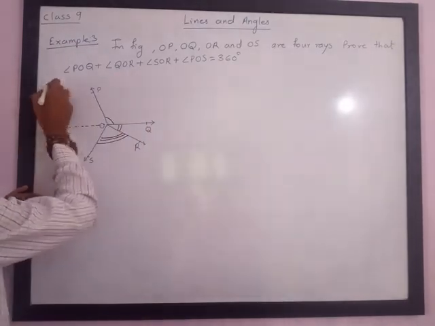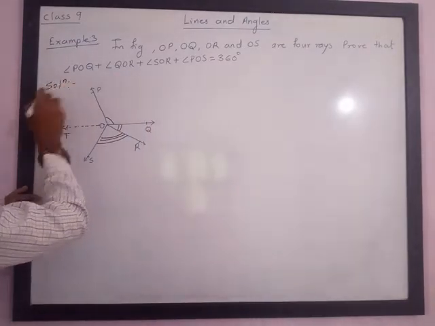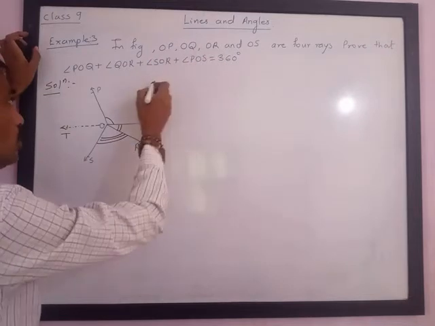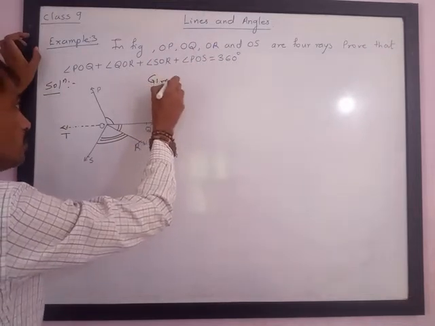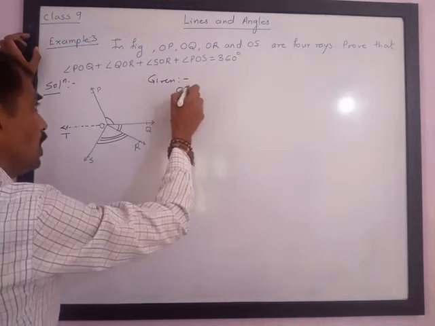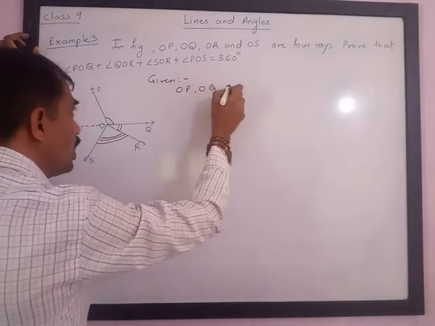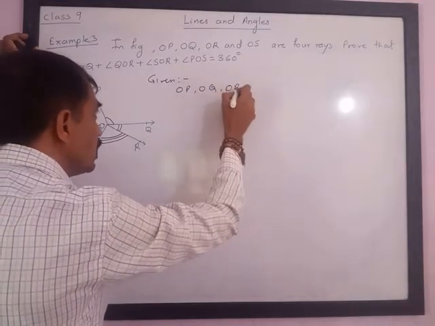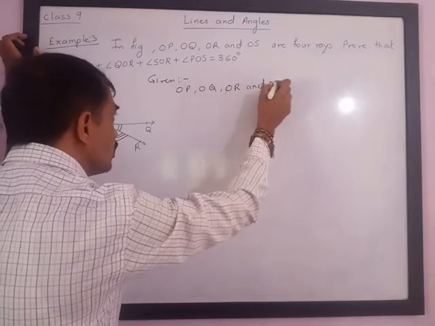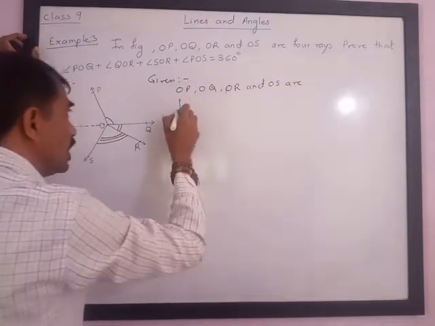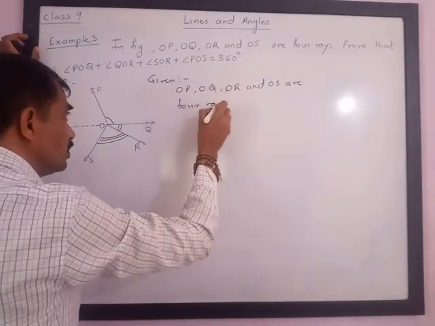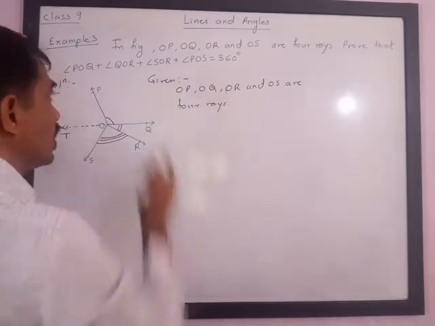So here, in the solution, we are given OP, OQ, OR and OS are 4 rays. This is what is given, starting from one vertex.